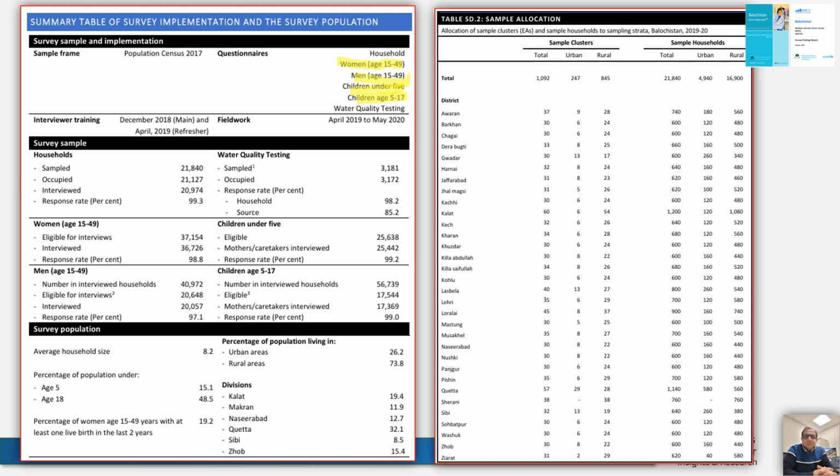You can also see the number of households sampled and how many were interviewed for this survey, and all the other information about the different surveys is also provided.